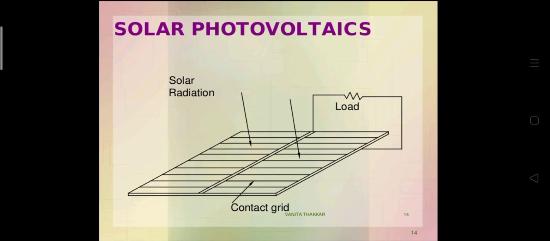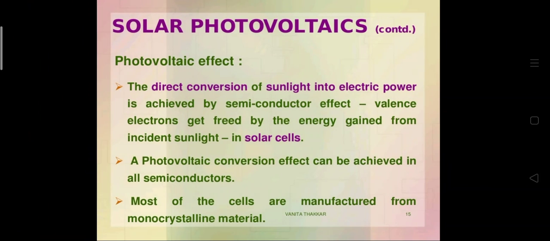The photovoltaic effect says that if solar radiation is incident on the semiconductor surface, photoelectrons are emitted from the surface. Electricity is nothing but the flow of electrons, so we connect the load and we can measure the photo current.